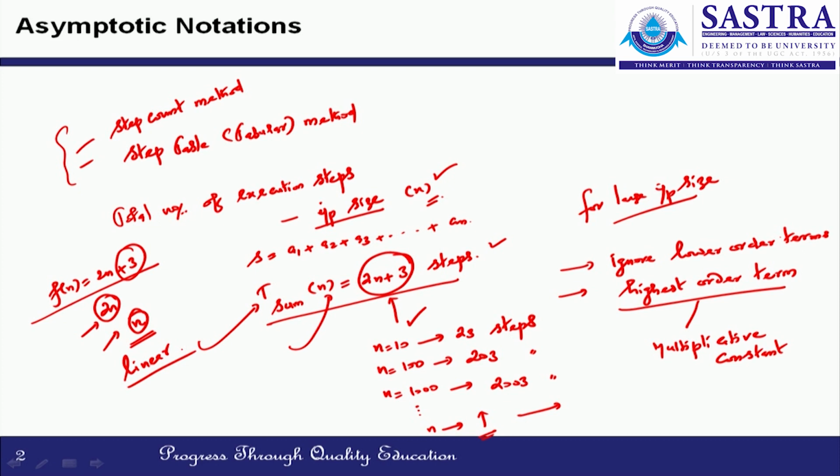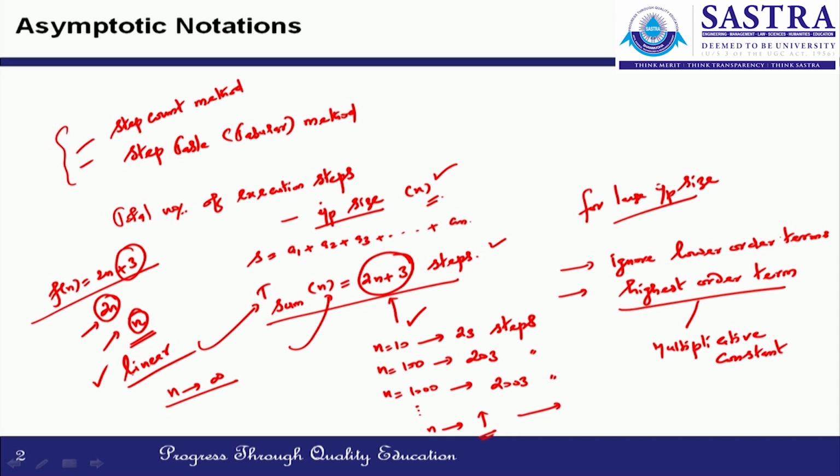For a large value of n, when the input size becomes larger and larger, or n becomes infinity, the performance of an algorithm is represented as a linear computational time.